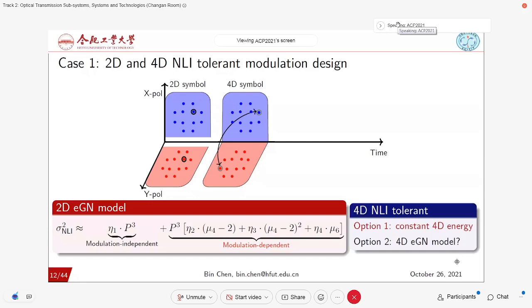So option two is, if we look at the 2D EGN model or some other theoretical derivation about the fiber propagation, we find that if the transmitted symbols have a constant modulus, for example, QPSK has constant power, constant modulus in 2D, and if in 4D you have a constant modulus in the 4D symbol, you can minimize the second term of this modulation dependent noise.